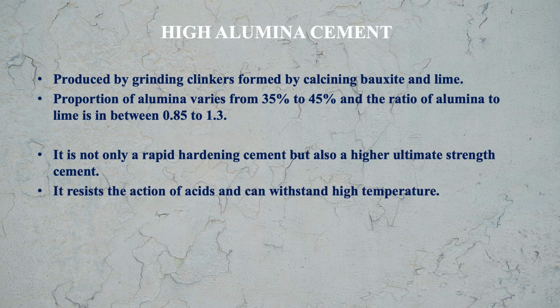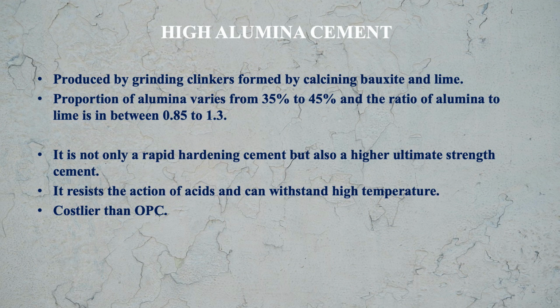This cement resists the action of acids and can withstand high temperatures also. So that way also this cement is very important. But if you compare the cost of this cement with OPC, it is costlier than ordinary Portland cement.